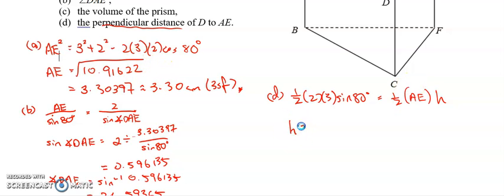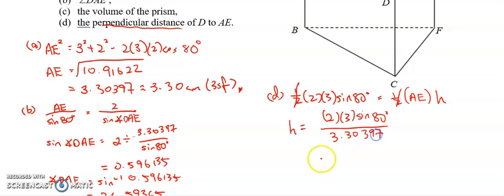Okay, so H, we shift all this value, half and half can be cancelled away. So H will be equals to 2 times 3 times sine 80 degrees over AE, which is 3.30397.